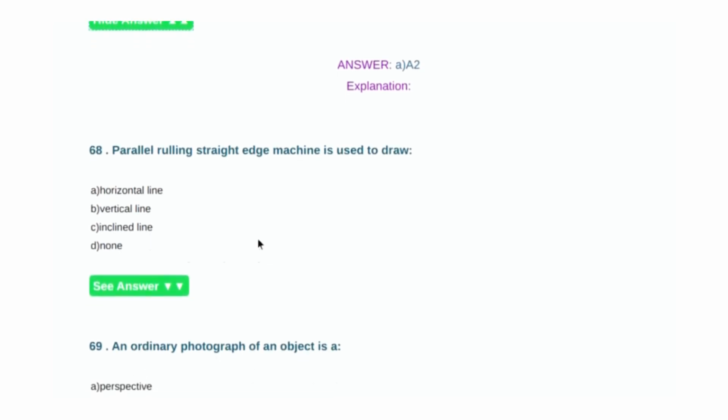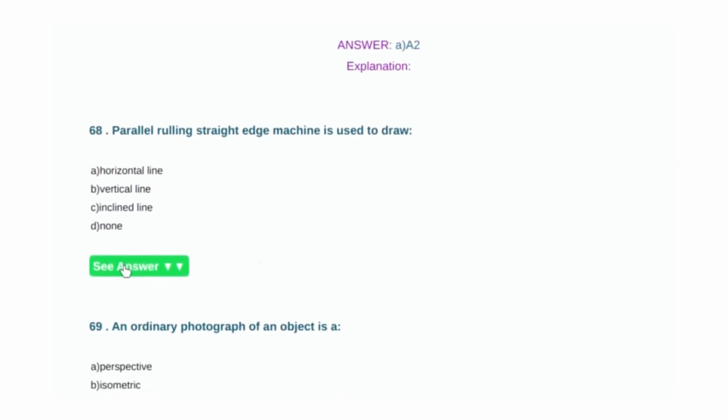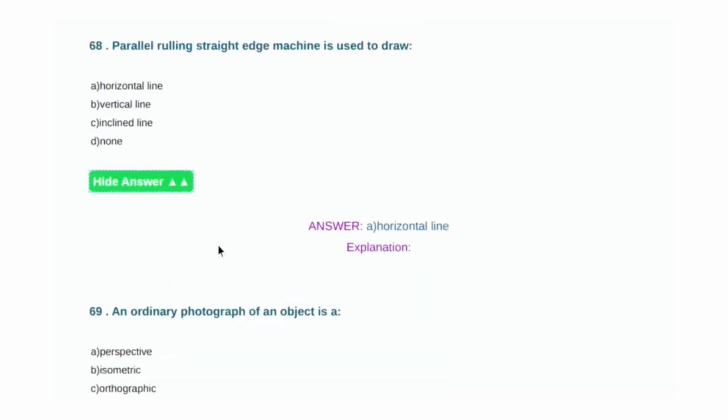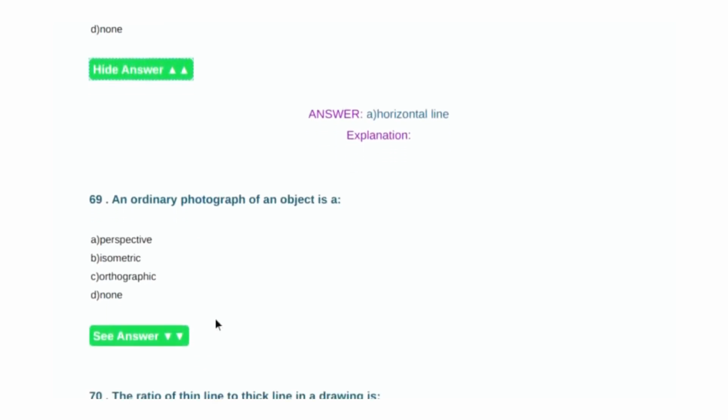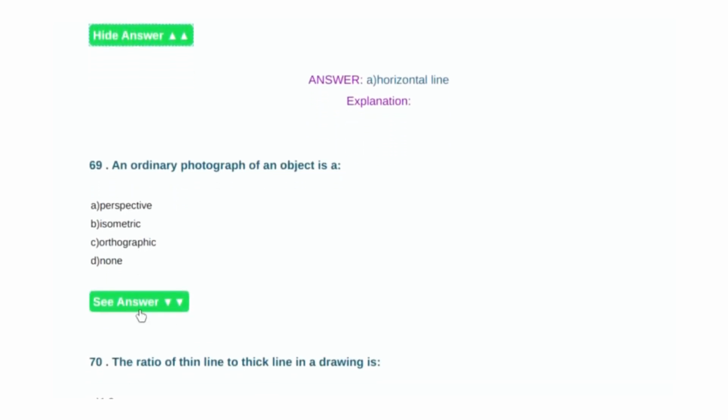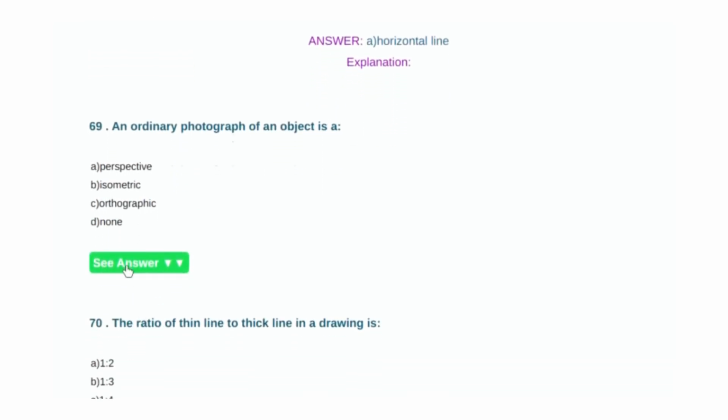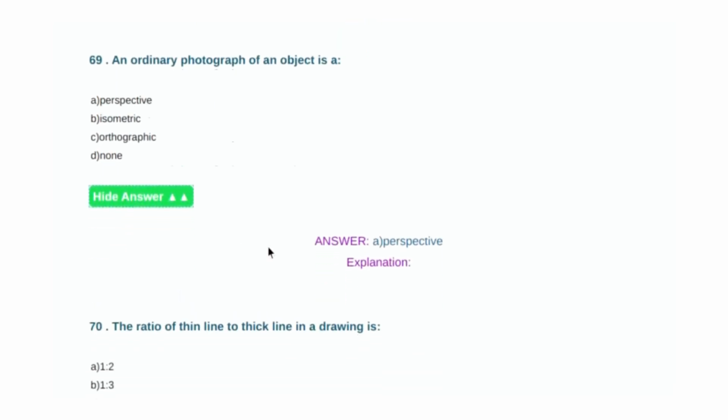A parallel ruling straight edge machine is used to draw horizontal lines. An ordinary photograph of an object is a perspective.